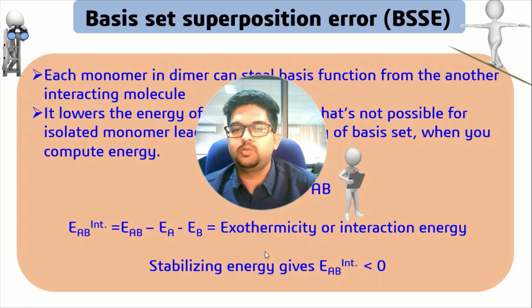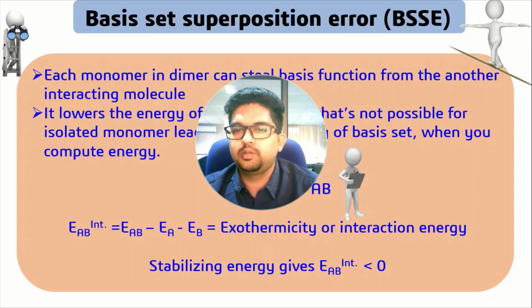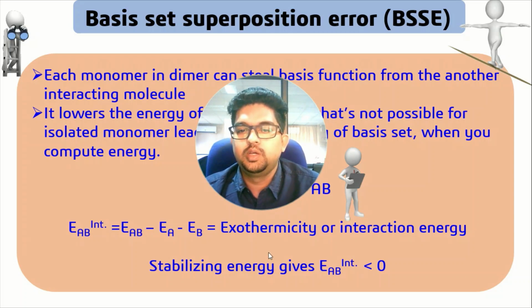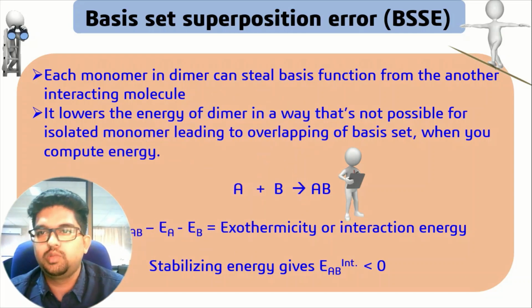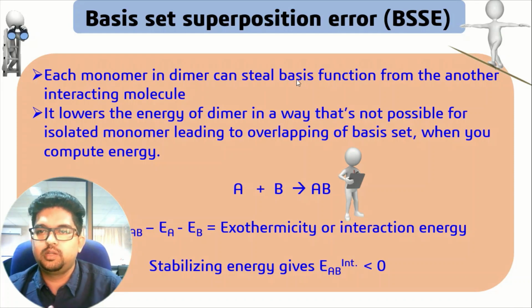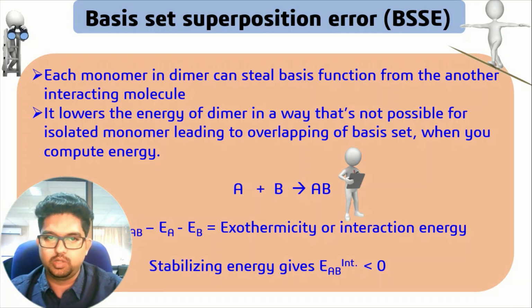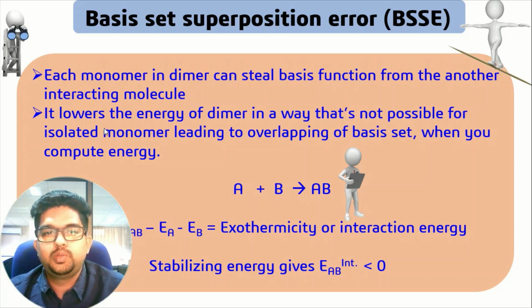Suppose you should get some amount of interaction energy, but in this case it will be overestimated and you will get more interaction energy, and that's because of this basis set superposition error. What happens is that this monomer is also using the basis set of the other interacting molecule. Because of this, it lowers the energy of the monomer in a way that is not possible for an isolated molecule, leading to the overlapping of basis sets.